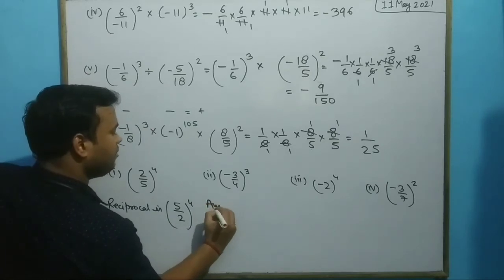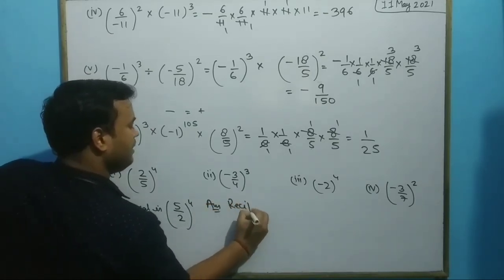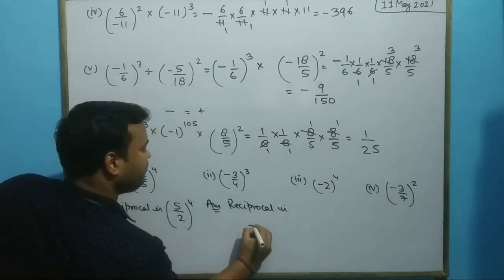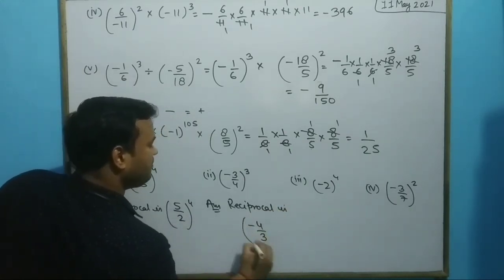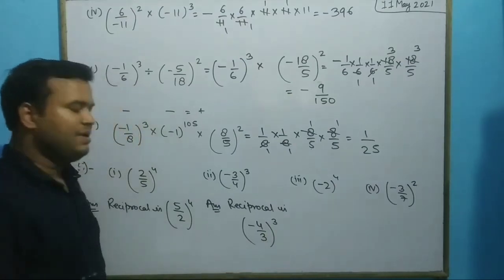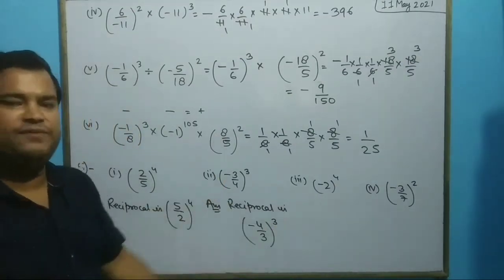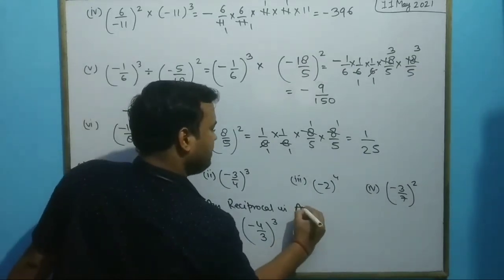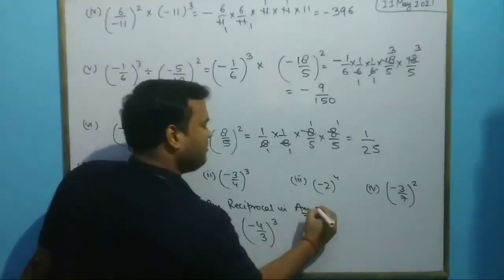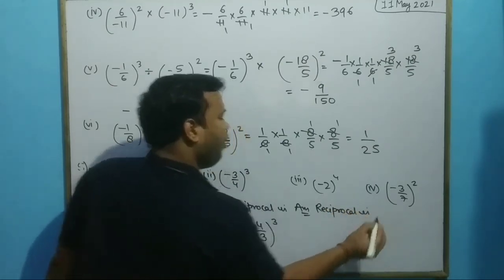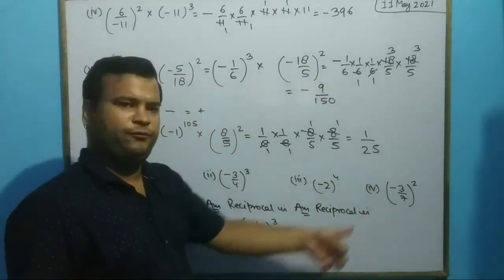Again in the second one, what will be the reciprocal? Just reverse it. That is minus 4 upon 3 the power 3. The negative sign will be there. Again, the reciprocal of minus 2 the power 4.